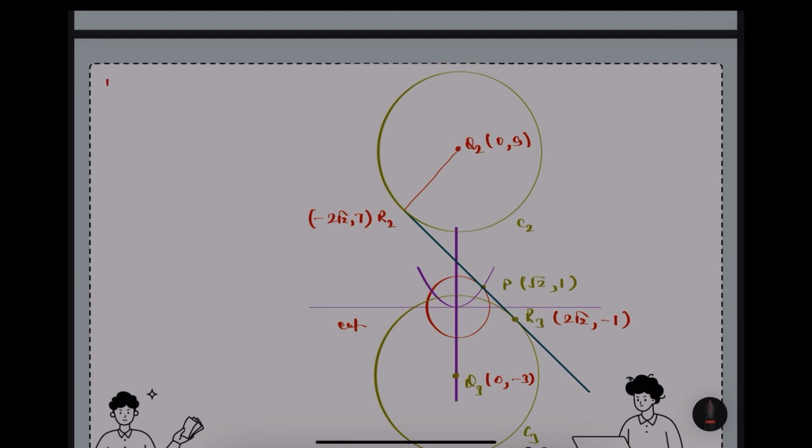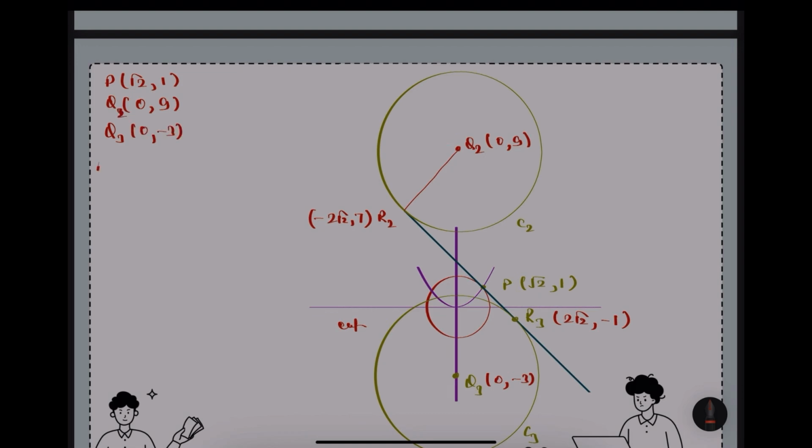P is the point of intersection, right? So P is root 2 comma 1. Q2 is 0 comma 9, Q3 is 0 comma minus 3.